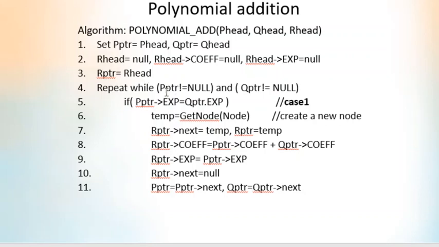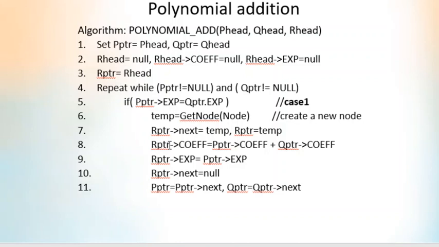Repeat until p pointer is not equal to null and q pointer is not equal to null. So first what we have to check is whether p pointer exponent is equal to q pointer exponent. If they are equal, what we have to do? We have to create a new node and we have to assign the different fields like this.